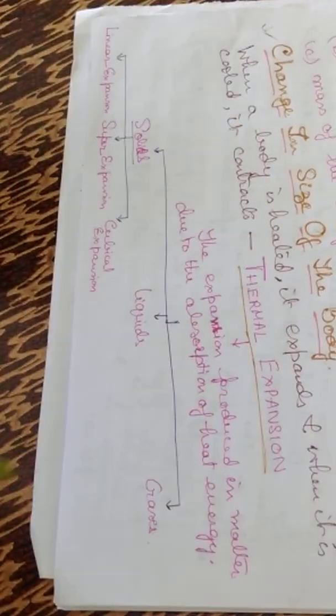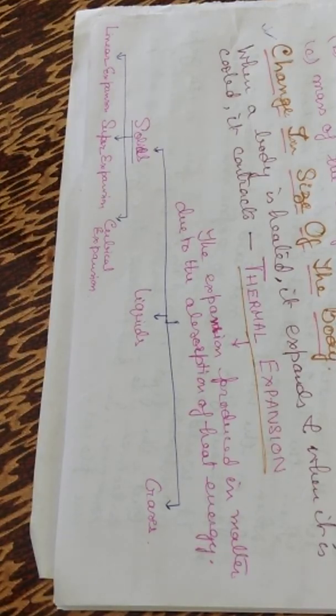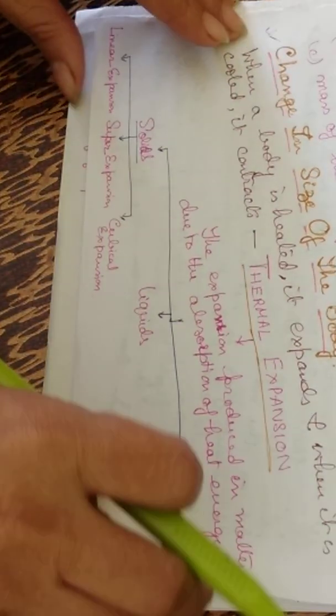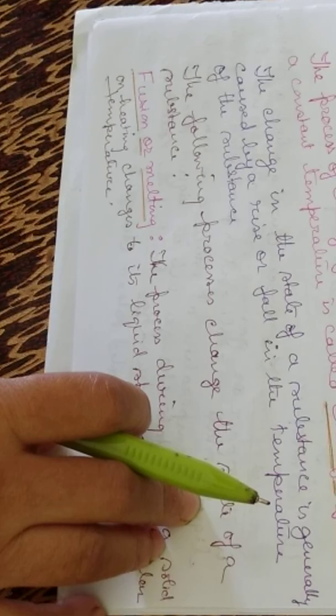It occurs in solids, liquids and gases, in the three states of matter. In solids, the thermal expansion is known as linear expansion, then superficial expansion and cubical expansion. Three types of expansion are there.